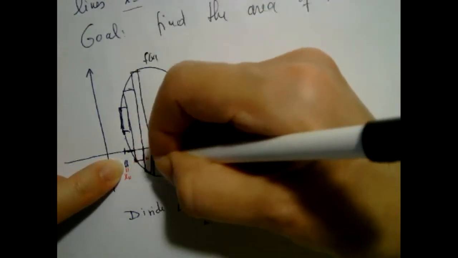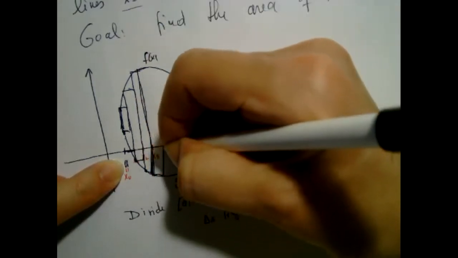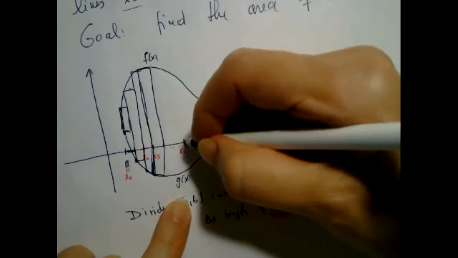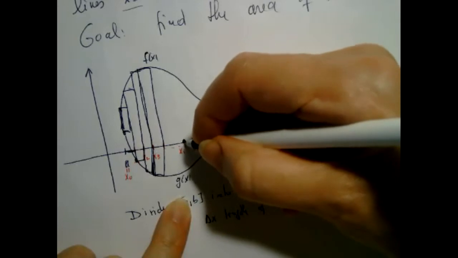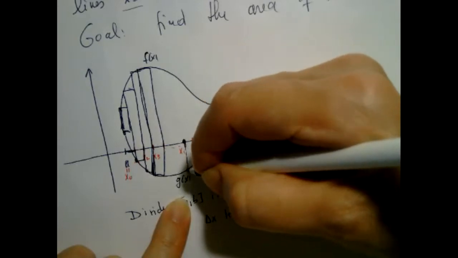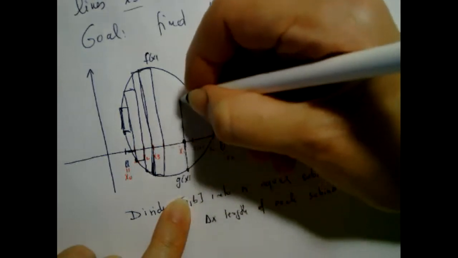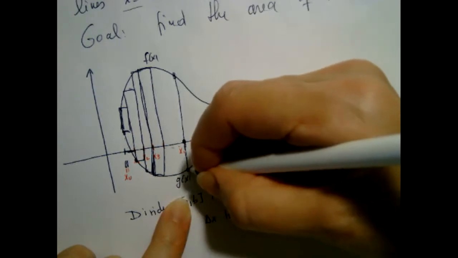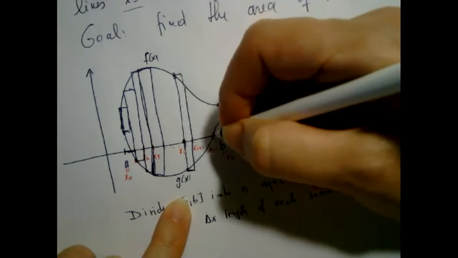So in general, a typical rectangle will be the following. My typical rectangle, and we're going to use the word typical a lot, starts from the bottom curve. That's a representative for each one of them. And this is the delta x. That's what I will be calling a typical rectangle.